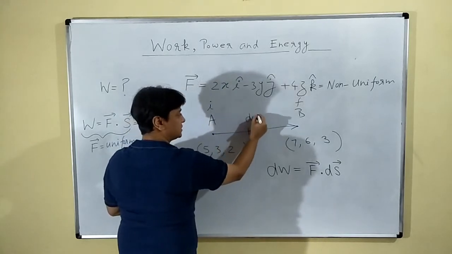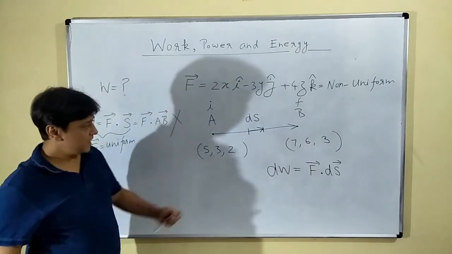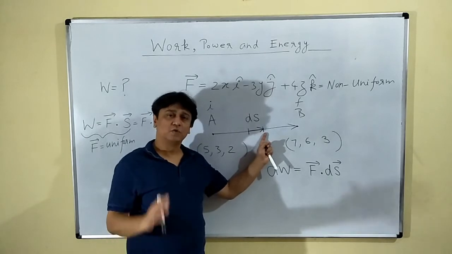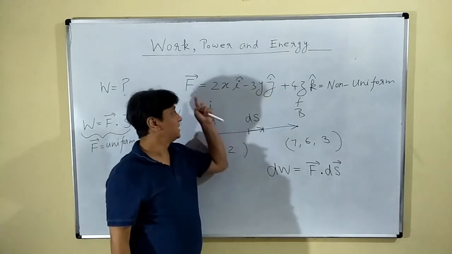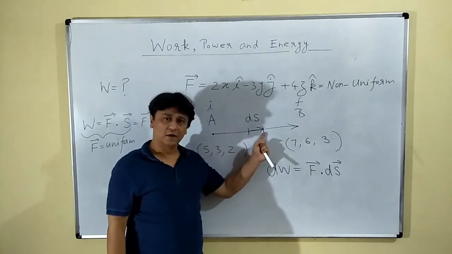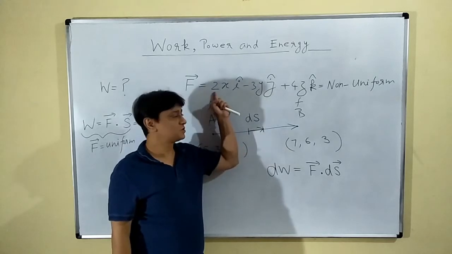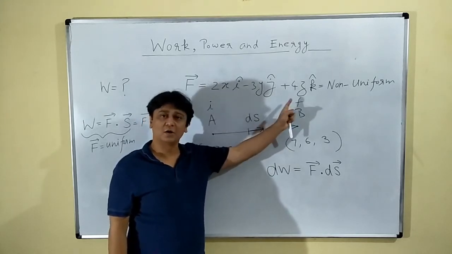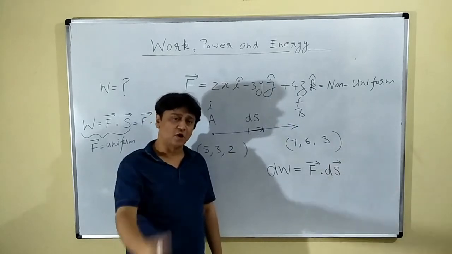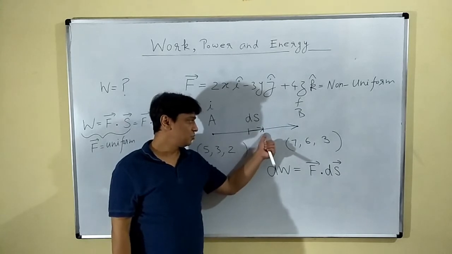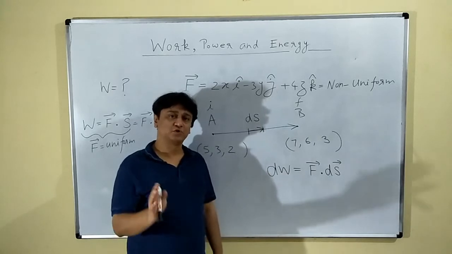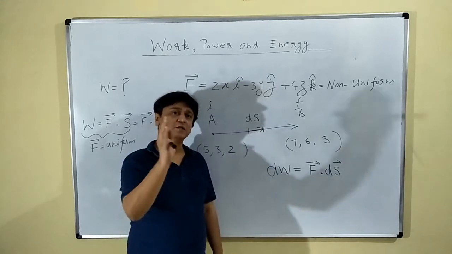If you say this is ds, then from the tail of ds to the head of ds, there is hardly any change in F. Why? Because from the tail to the head, there is hardly any change in x coordinate, y coordinate, or z coordinate. Why do I say there is hardly any change in these coordinates? क्योंकि यहाँ से यहाँ तक का अपना जो movement है, that is what? ds. What is d? D means something which is very, very small.